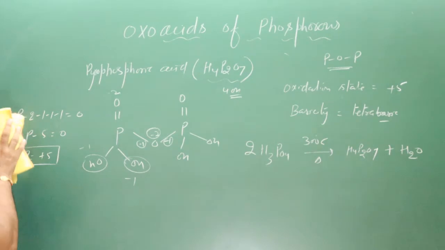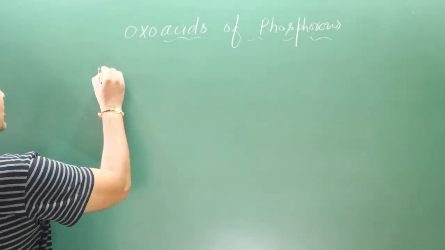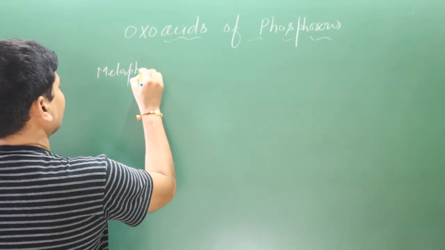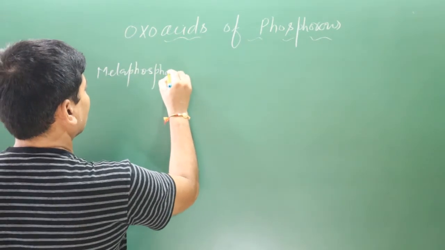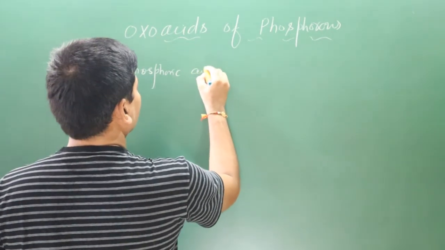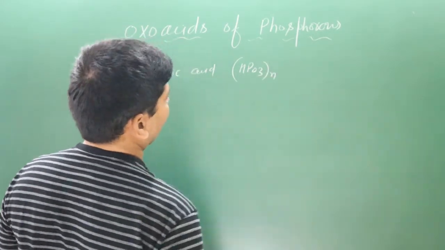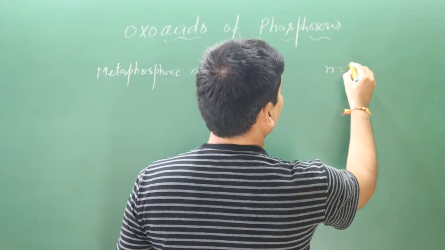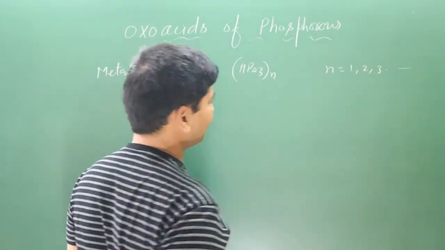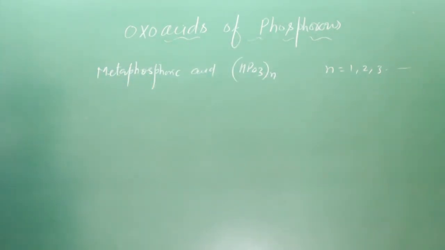Now let's move on to the next oxoacid. Next we have metaphosphoric acid. The chemical formula is (HPO3)n. The n value can be 1, 2, 3 and so on. It has a cyclic structure.